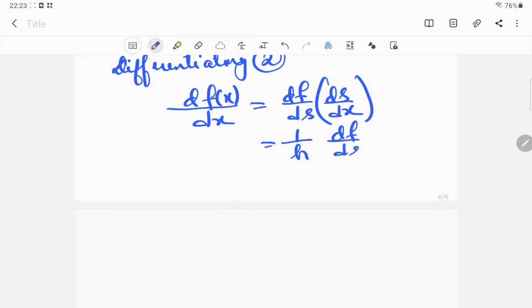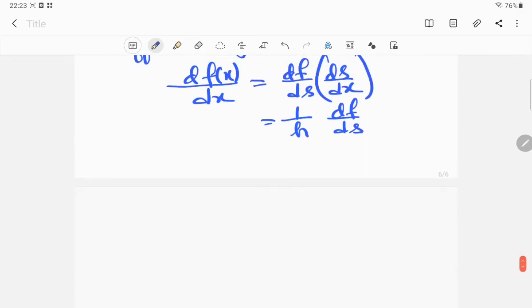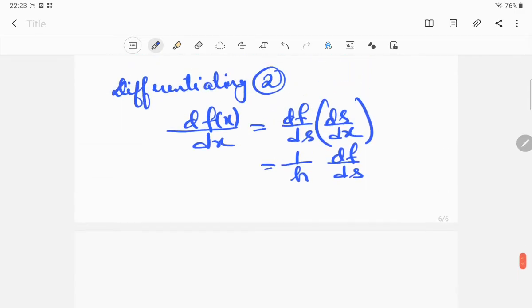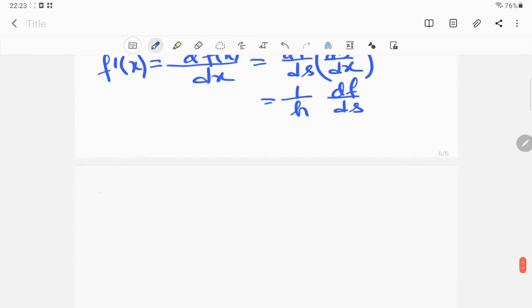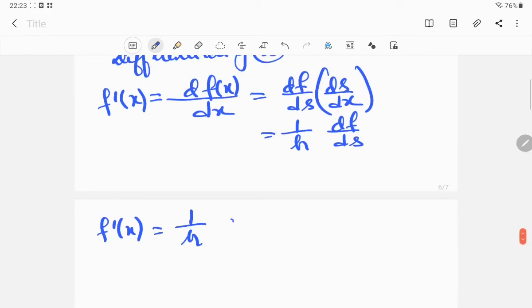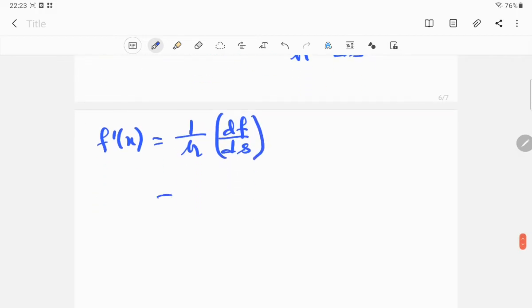So df by ds is nothing but f dash x. Now I am not going to repeat all this, we have already done it in the first video. So you will look into that and solve it according to your convenience, and check whether the results are correct or not.